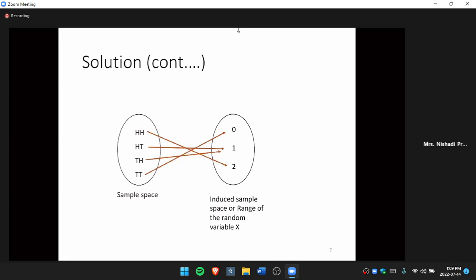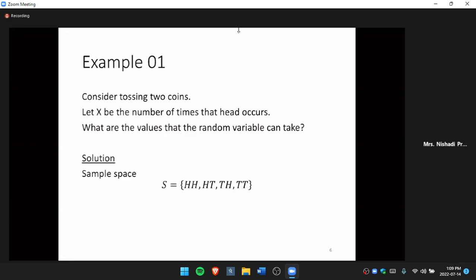Now we have mapped those elements into these values 0, 1, and 2. Now, what are those values? Actually, in this experiment, we have defined a random variable capital X to be the number of times that head occurs.